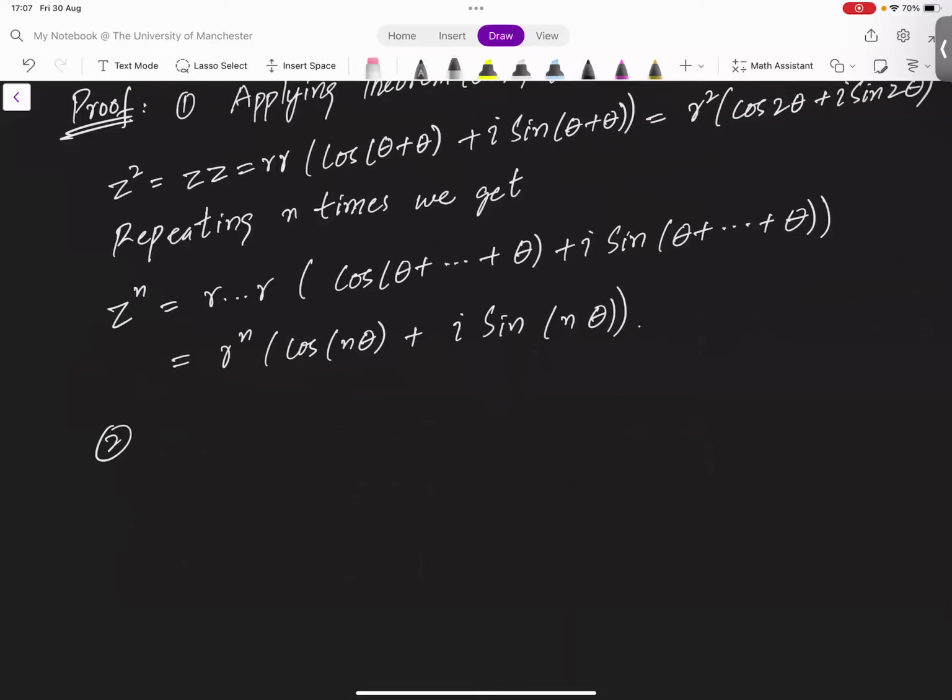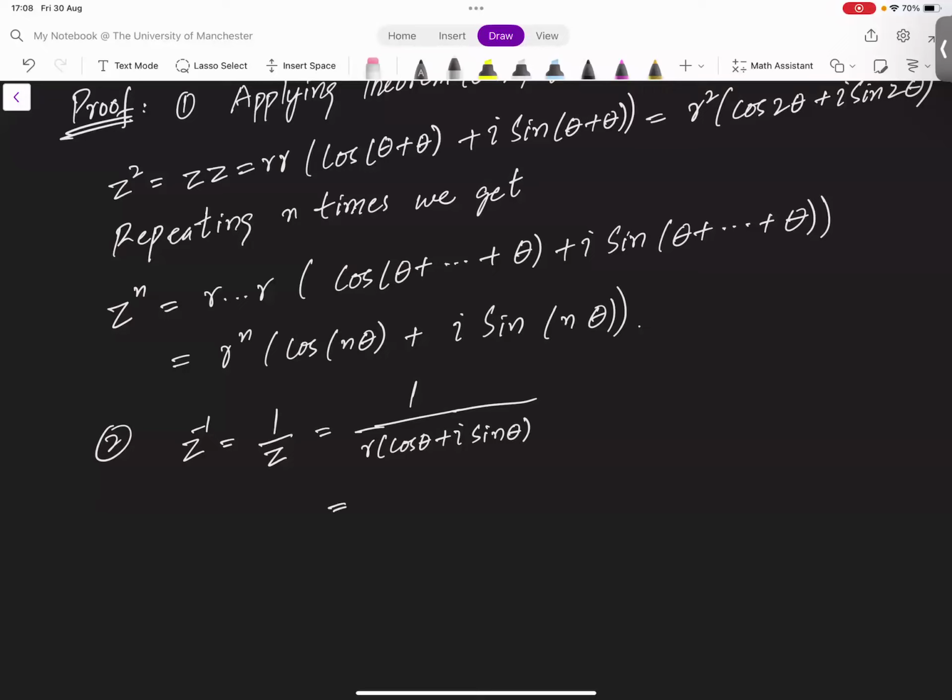is, first we need to know how to observe Z power minus 1. So Z power minus 1 is 1 over Z, and that is 1 over R into cos theta plus iota sine theta. Okay?